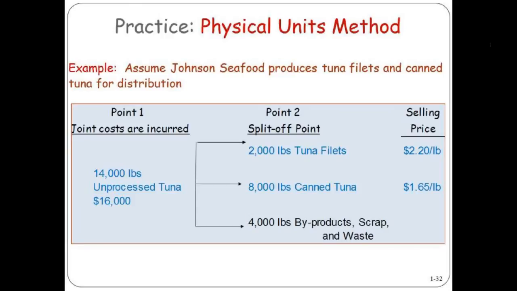You can sell the tuna fillets at $2.20 a pound. This is an old example. And you can sell the canned tuna at $1.65 a pound. Using the physical units method, how much of this initial cost would you apply to each?